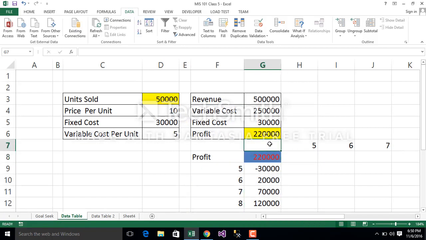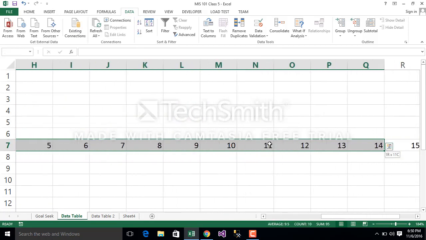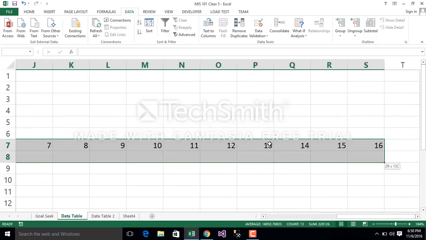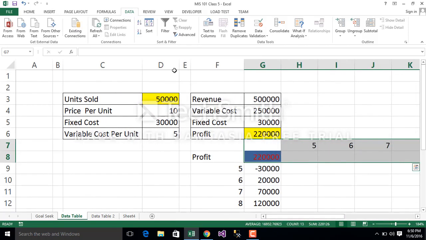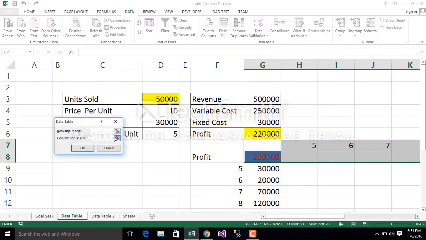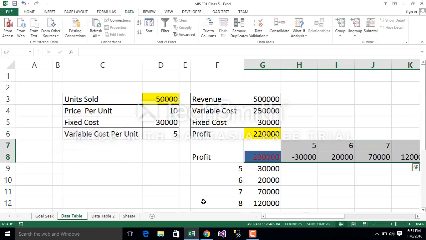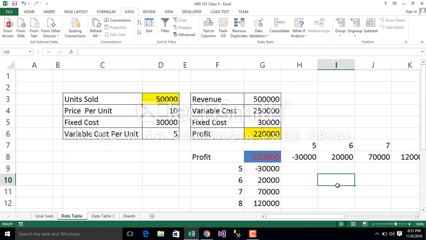Just for example, for using row, one we use column and another is row. So this is a one way table, and our input is in a row. Put okay. So this is one way.